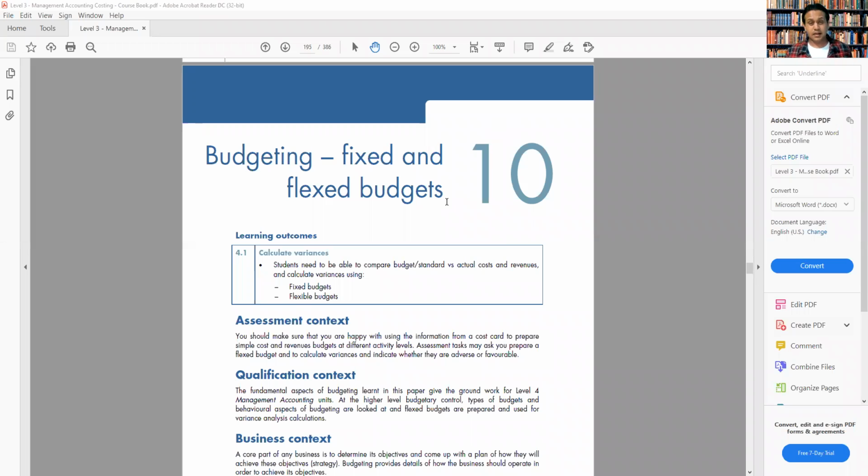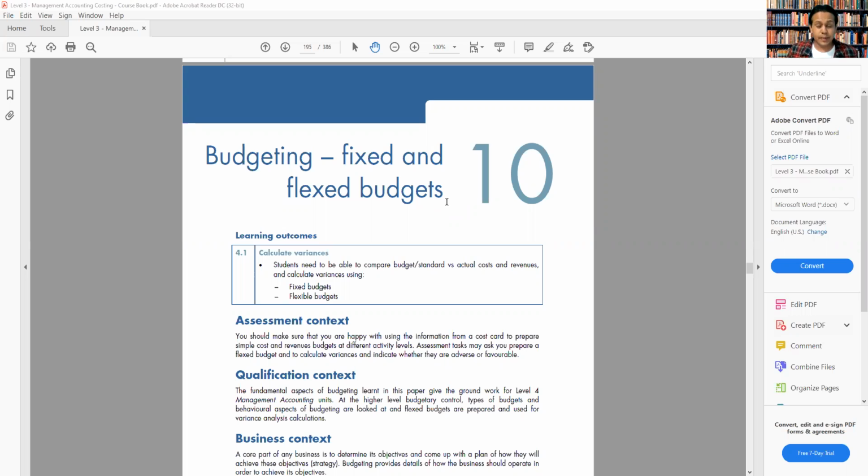It doesn't matter if I make more units or fewer units, my cost remains the same if I use the fixed budget. Now, a fixed budget sometimes doesn't make sense because whether my activity is low or high, my cost remains the same. But some organizations think, I have to pay the cost anyway.